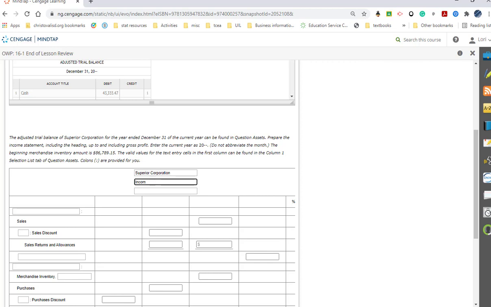And this is our income statement for the year, or excuse me, I always want to put that, but it's for the year ending December 31st, 20 dash dash.